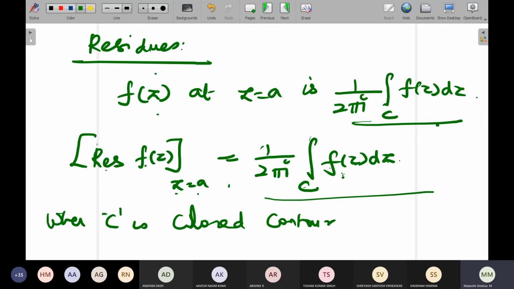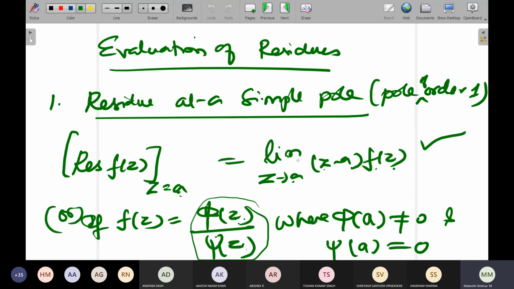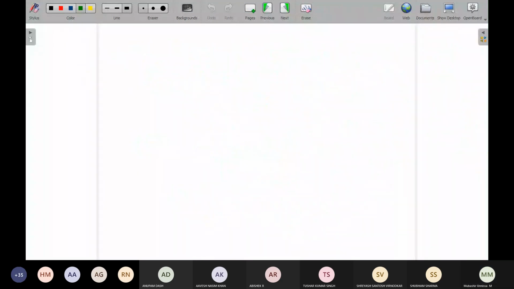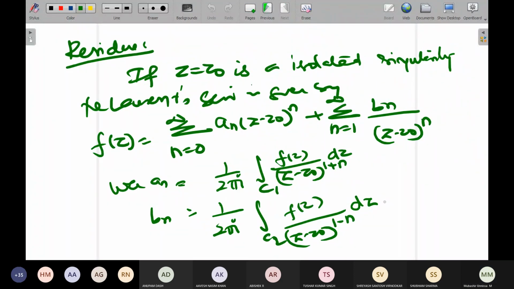In that case, in this expansion, put n is equal to 1. For your reference, you will get a1 equal to something, but forget about that. Right, b1. What will be your bn? 1 by 2 pi i integral over C of f of z. When you put 1 minus 1, this will become 0, so this term will become 1, into dz. So what do you understand?